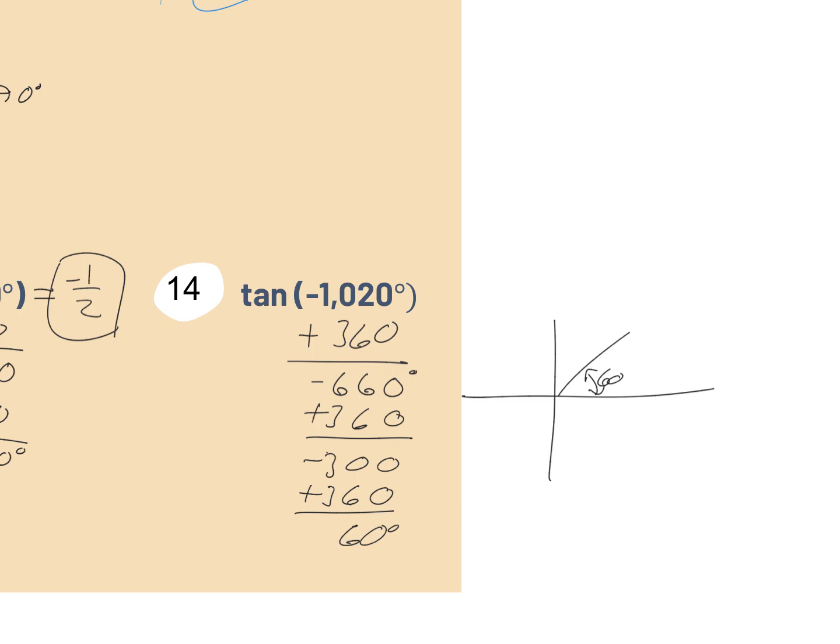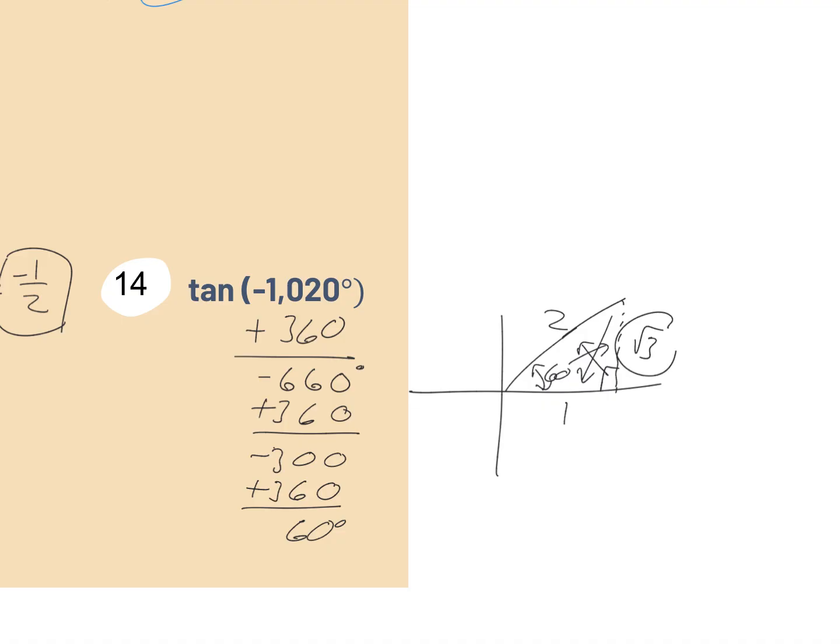If this is a 60-degree angle, then this does form a special right triangle where the side across the 30 is going to be 1, the side across the 60 is going to be the square root of 3, and the hypotenuse is going to be 2. So then for tangent, I know that the opposite is going to be the square root of 3. My adjacent is going to be 1, so it's just opposite over adjacent. So square root of 3 over 1, that's just the square root of 3.